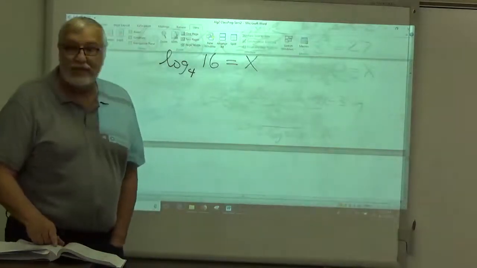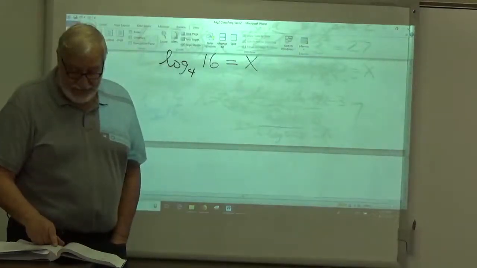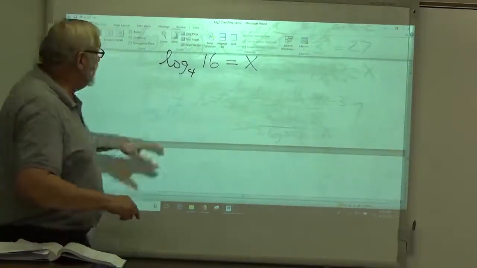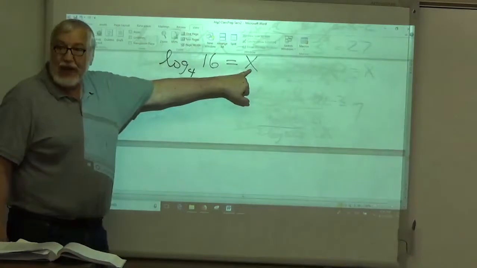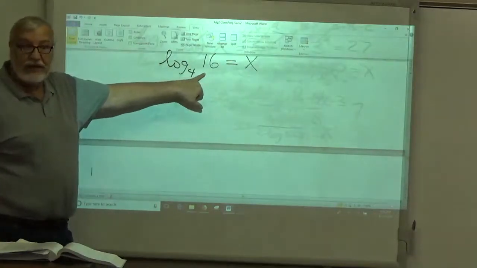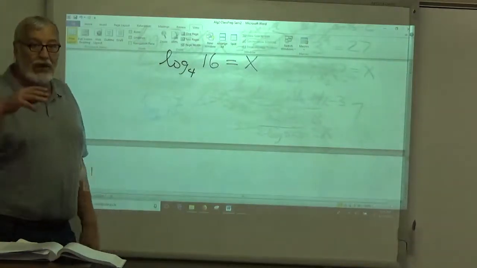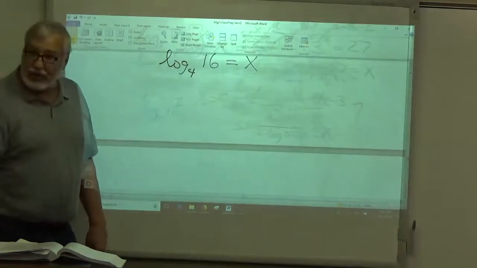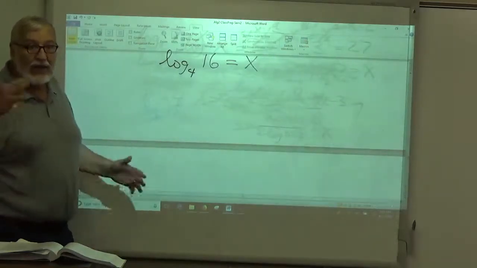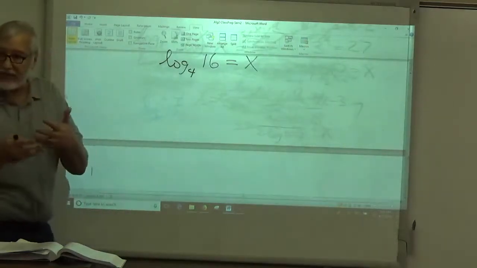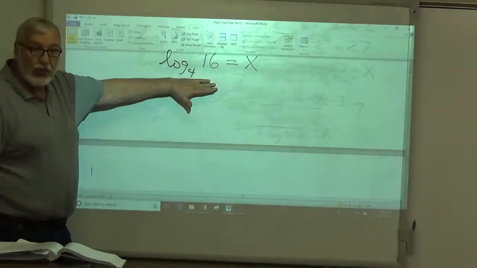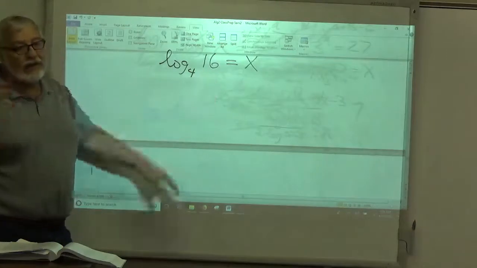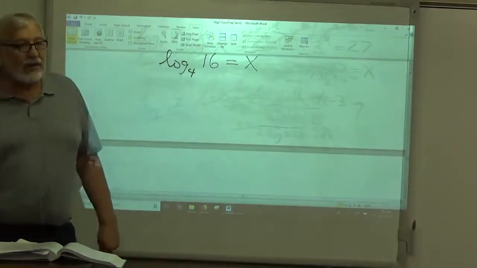Does it make sense? Because what this would end up being is 4 to the x power equals 16. I happen to know 4 to the second power equals 16. But I can find that answer using the conversion rule and not have to hope that I remember that math fact.